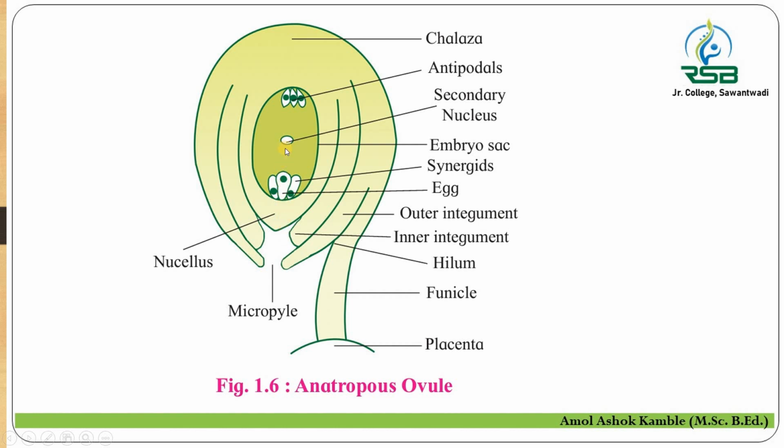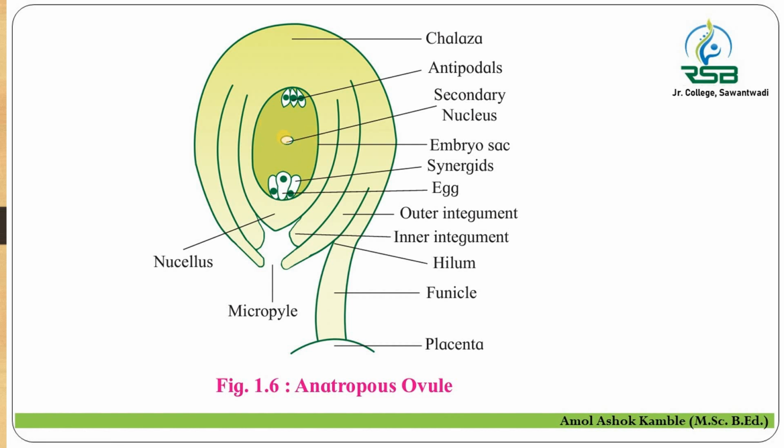Then come towards the polar nuclei, which are at the center. There are two polar nuclei which are haploid in nature, and the second male gamete fuses with this diploid secondary nucleus. So 2n plus n gives rise to the triploid primary endosperm nucleus, which further gives rise to the endosperm, and that endosperm provides nourishment to the developing embryo.